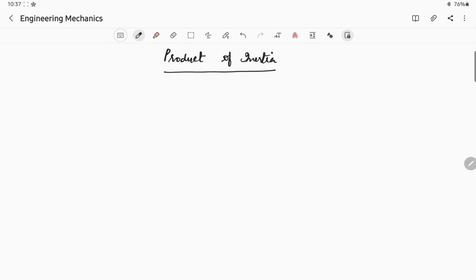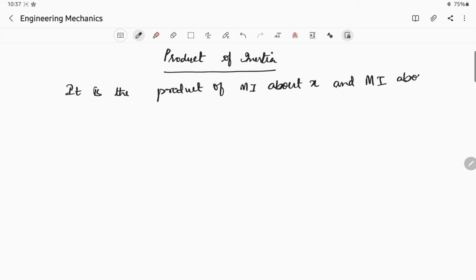It is nothing but the product of moment of inertia about x-axis and moment of inertia about y-axis.